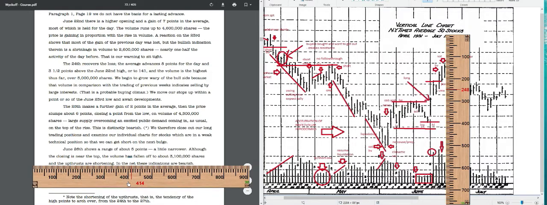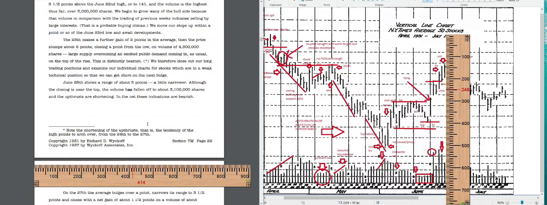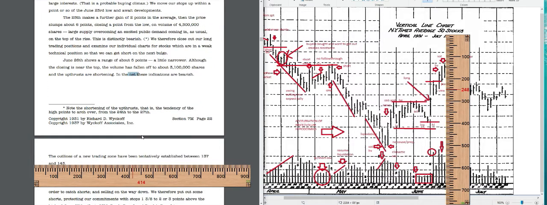In net, these indications are bearish. It's also important to see how he weighs things. This is why it's not mechanical, because many times you will not get a clean signal. Most of the time, markets will give you a set of bearish factors and a set of bullish factors, and they require you to weigh the bullish factors against the bearish factors and make a decision.